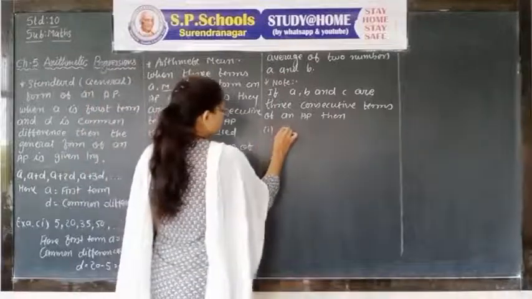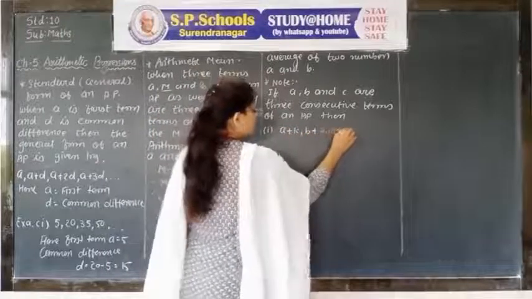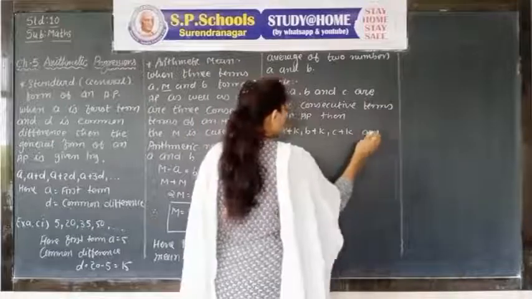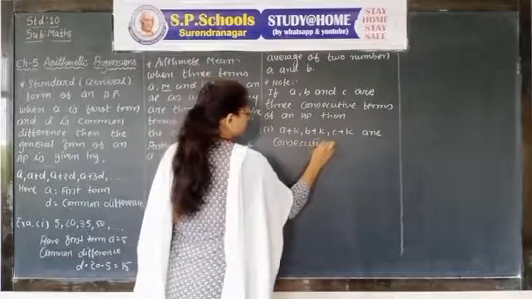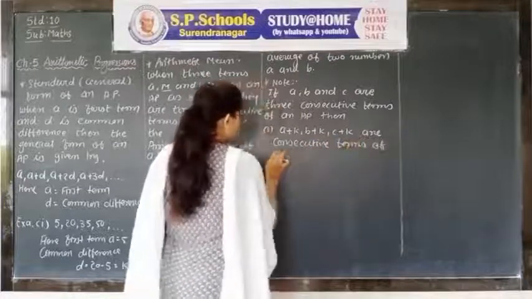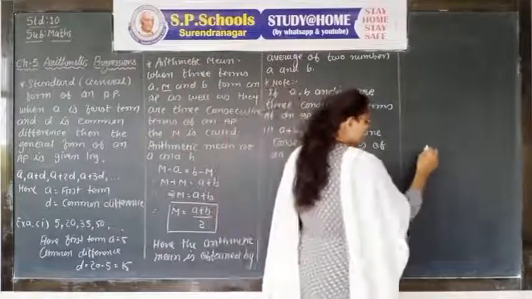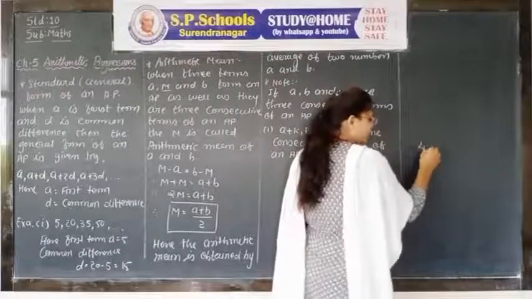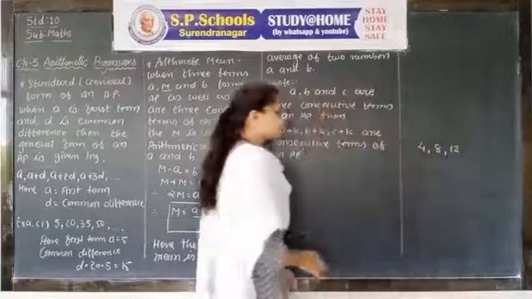First, A plus K, B plus K, C plus K are consecutive terms of an AP. Suppose I take one example, 4, 8 and 12.